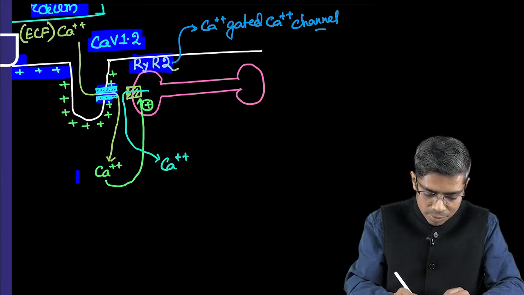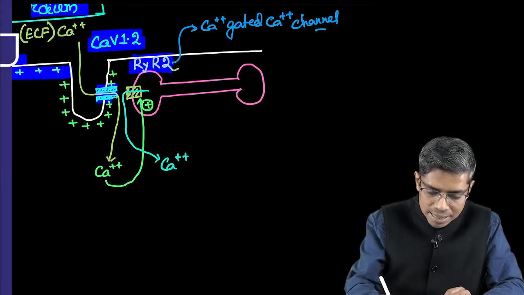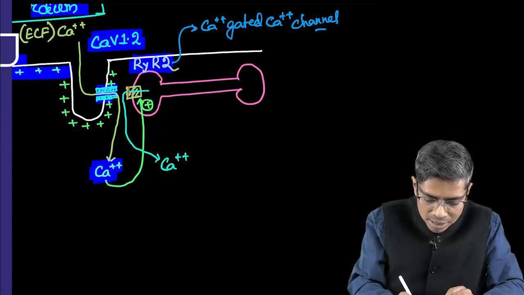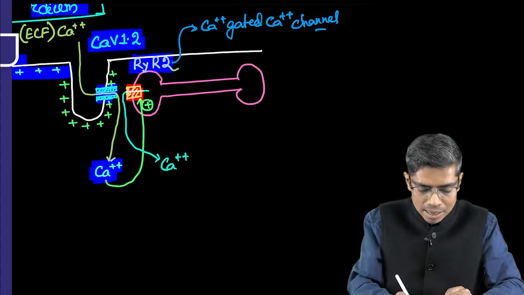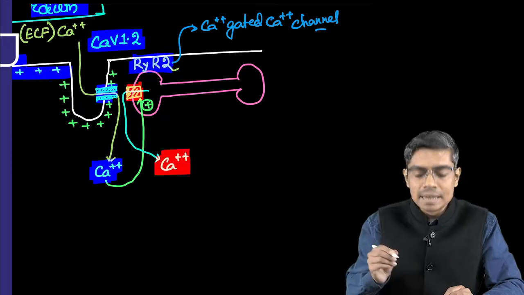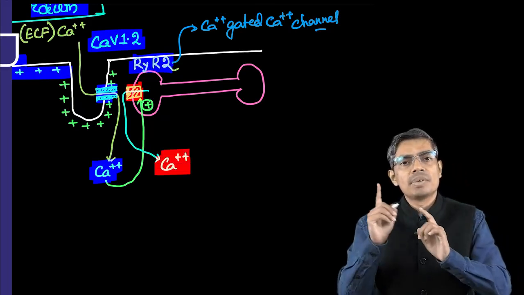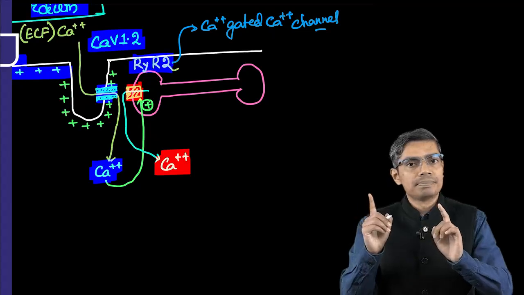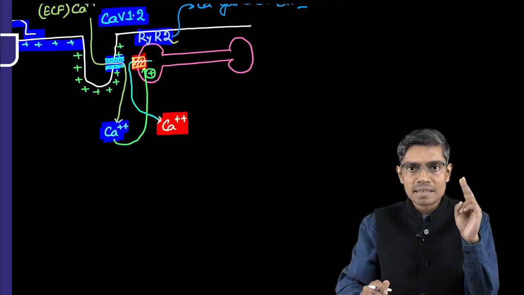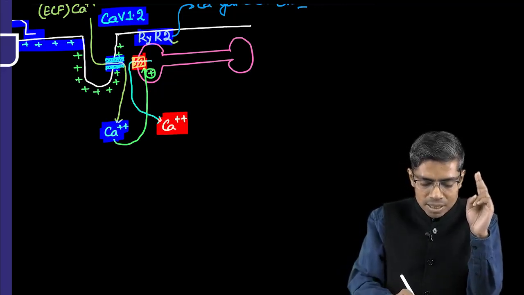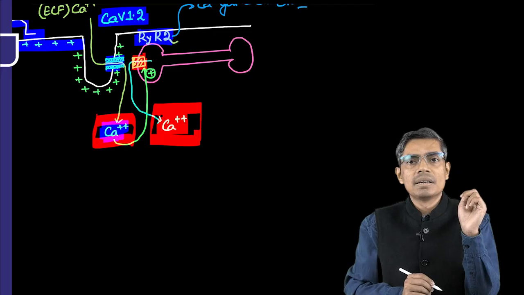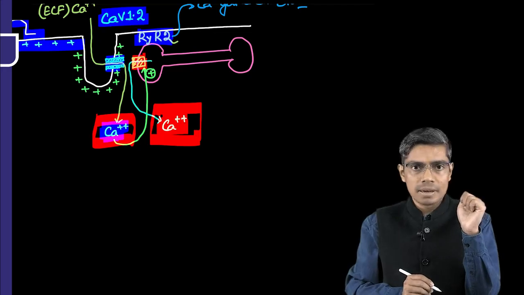The extracellular fluid calcium which has already entered inside the cell is going to stimulate the RYR channel, and whenever the RYR channel is stimulated, more calcium is going to enter the cytoplasm from the sarcoplasmic reticulum. That means cardiac muscle is taking help of two sources of calcium. One calcium is coming from the extracellular fluid and one calcium is coming from the sarcoplasmic reticulum of the myocardium.